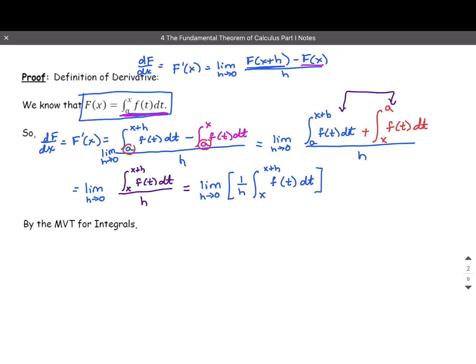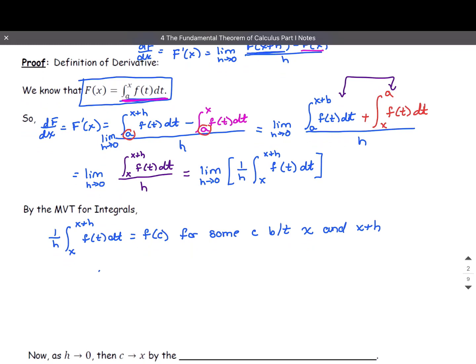Now, by the mean value theorem for integrals, 1 over h times the integral from x to x plus h of f of t dt has to equal f of c for some c between x and x plus h, right? We learned that in the average value lesson.